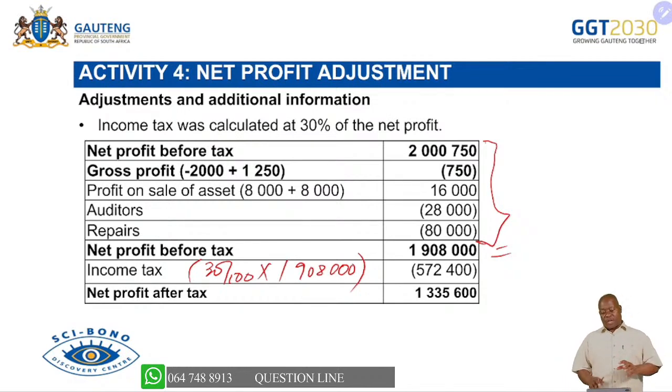Now, this is what was expected in this instance, where we are supposed to calculate a correct profit after taking into effect some problems or mistakes or omissions that were done when we're dealing with this item. So please take note. We are going to be writing, and one of the things that we are going to look into is our financial statements, and specifically the income statement and the balance sheet.